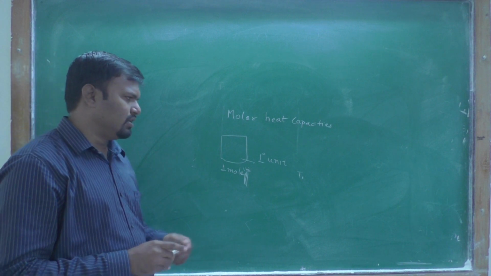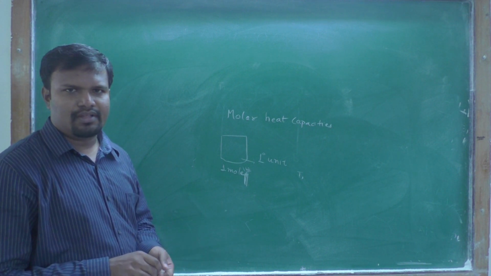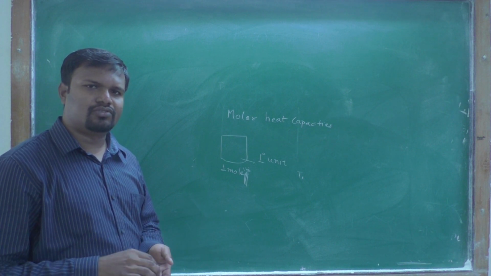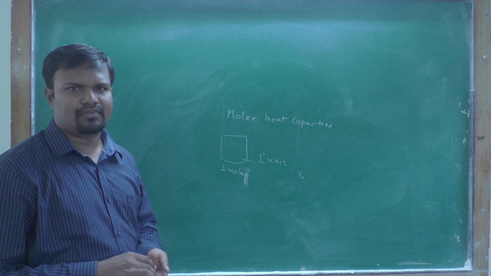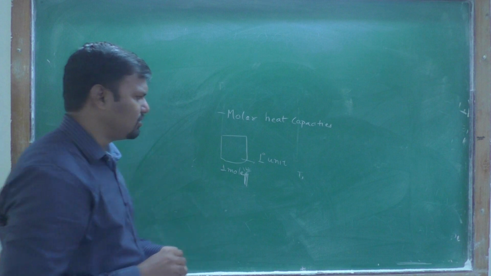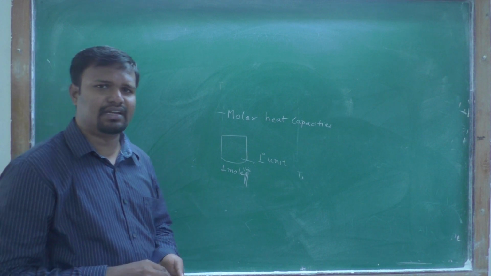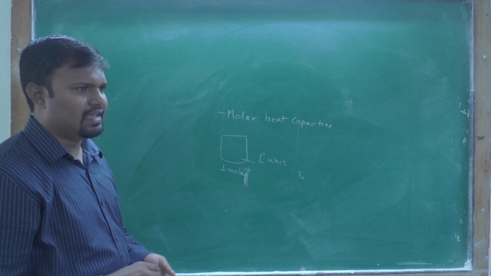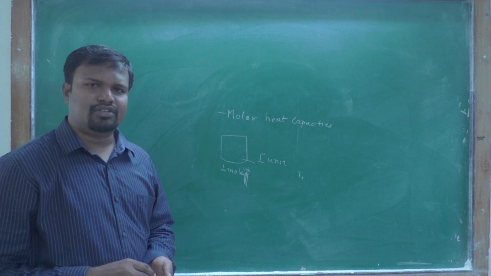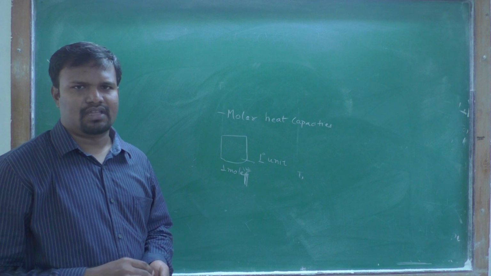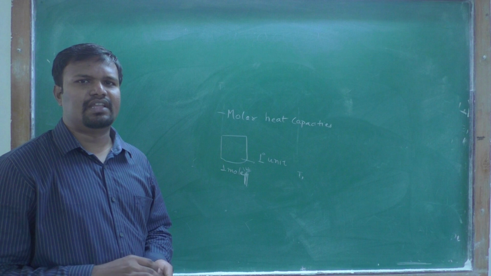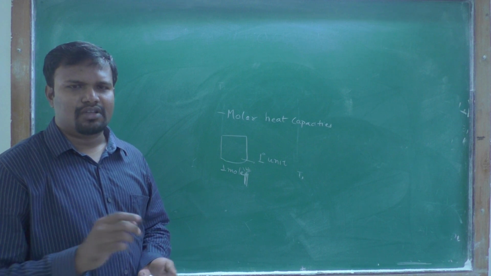During this increase, the substance gains some heat. That heat is called the molar heat capacity. Therefore, molar heat capacity can be defined as the heat change for a 1 degree change in temperature at constant pressure. It is called the molar heat capacity at constant pressure.